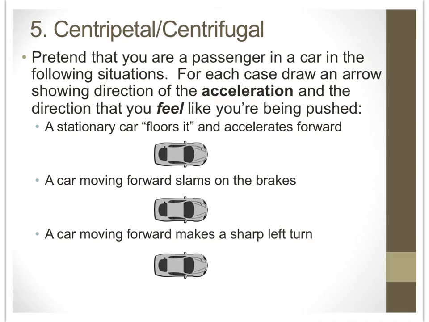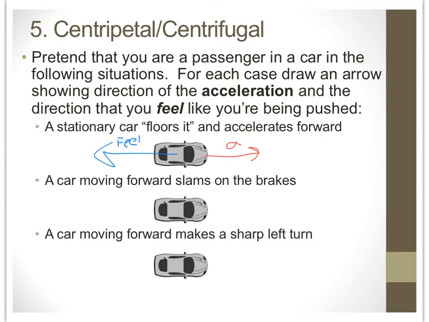So think about a few more situations with a car. You're sitting in a stationary car, and the car floors it to accelerate forward. In that situation, you, along with the car, are accelerating forward. But you feel like you're being pushed back into your seat. So you feel as though you're being pushed backwards, even though you're accelerating forwards.